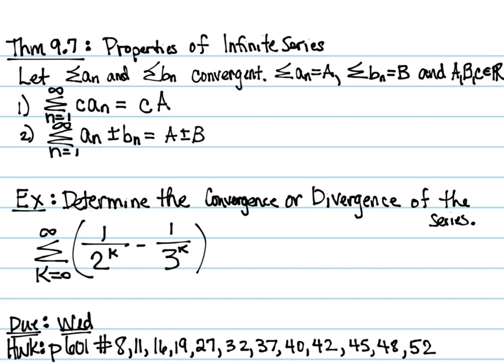One of the properties of infinite series, which includes our limits, is that if we have a sum of two sequences, which is exactly what we have, we can separate it, if they both have a limit, into the sum of their limits. So we're going to be able to rewrite this as two individual sums.